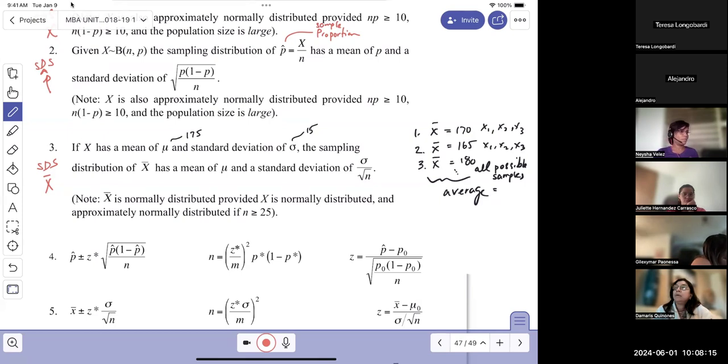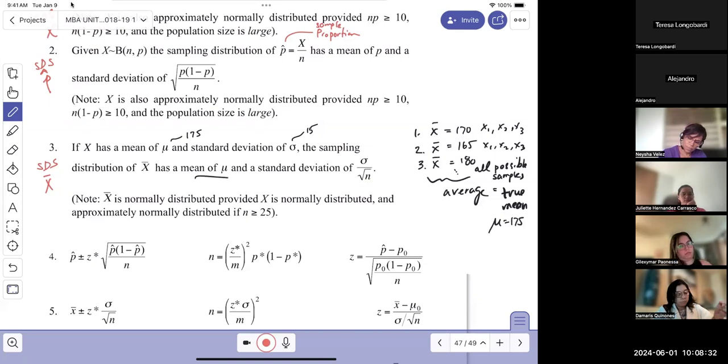Very good. Very good. It's not the sample mean, it's the true mean. Okay, so on average of all possible samples, we should get 175. That's what this says.